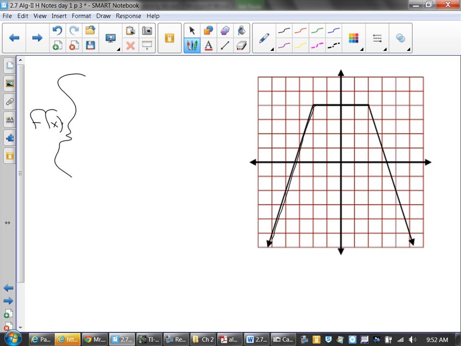The minute you hit -2, you change graphs. So for your first equation, it's going to be x is less than -2. Okay? You're approaching 2, but as soon as you become 2, you're on the horizontal line. You're on that horizontal line between -2 and +2.